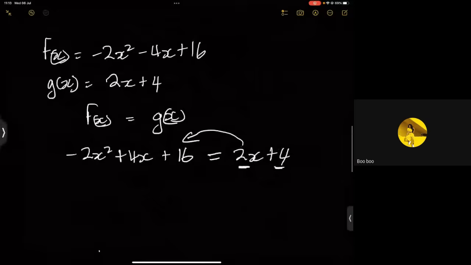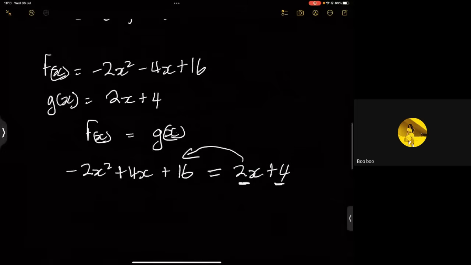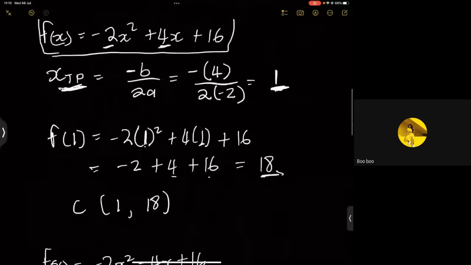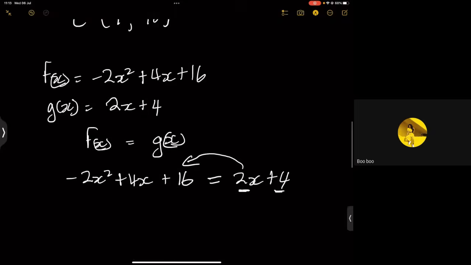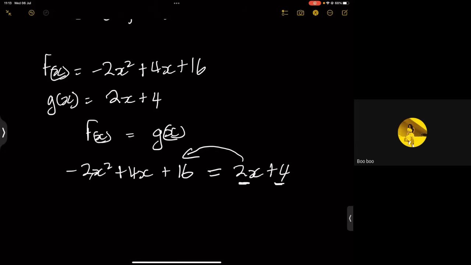So I said f of x is, yes, I see where I made an error. That should have been plus 4x, ne? So that would be minus 2x squared plus 4x minus 2x, which would be plus 2x.